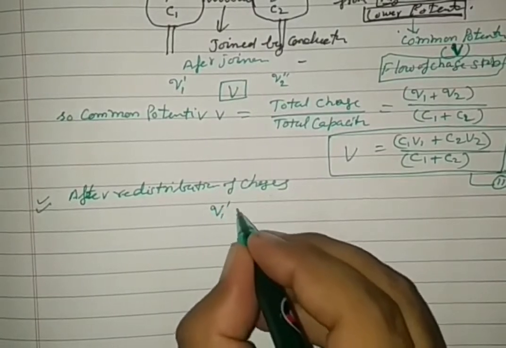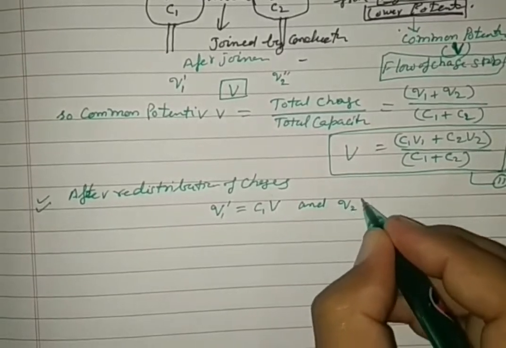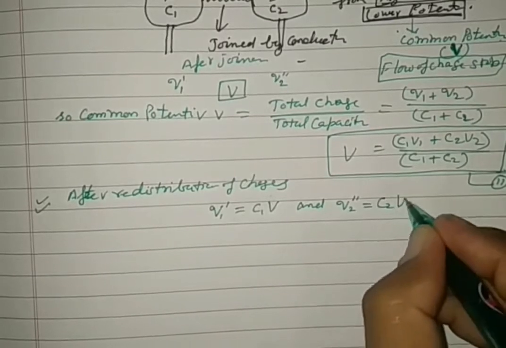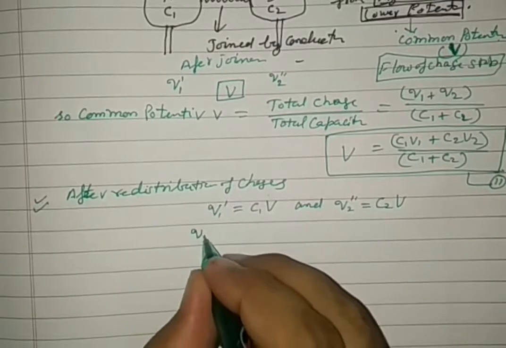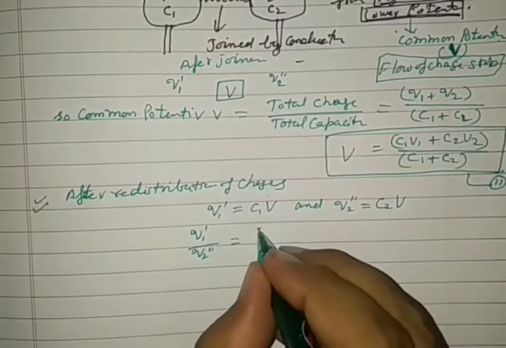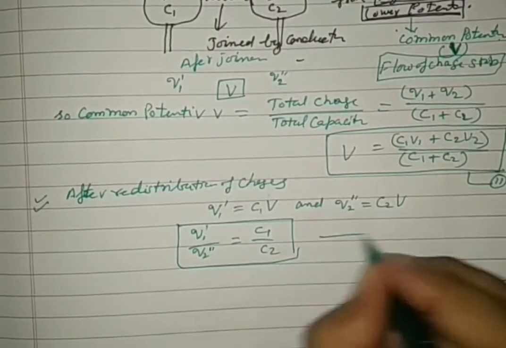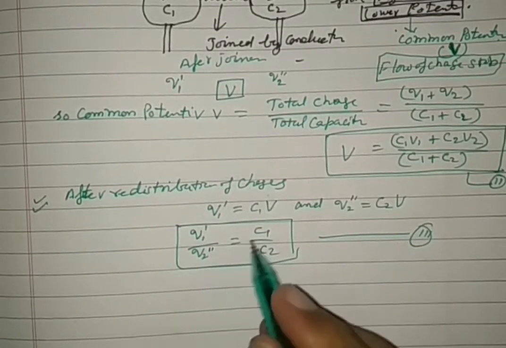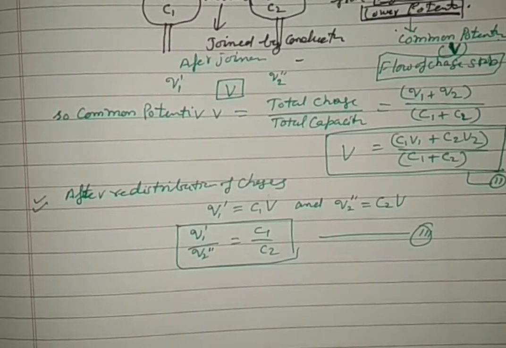Then Q1 dash is given by C1 into common potential V, and Q2 double dash is equal to C2 V. If we take Q1 dash by Q2 double dash, this is equal to C1 by C2. It means one very important thing from this concept: the charges will be distributed in the ratio of their capacitance. This is the important physics drawn here.